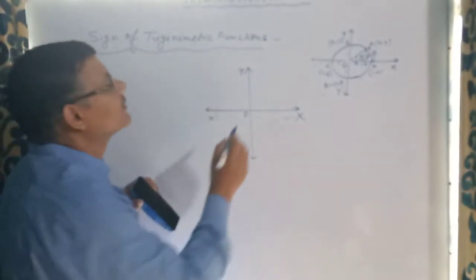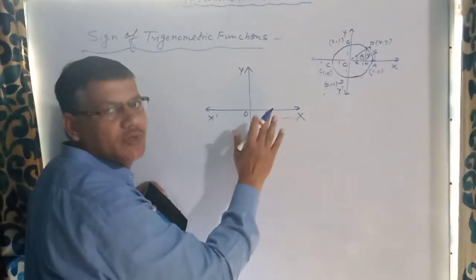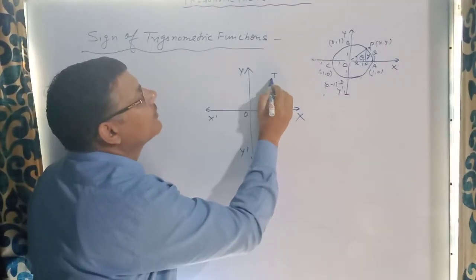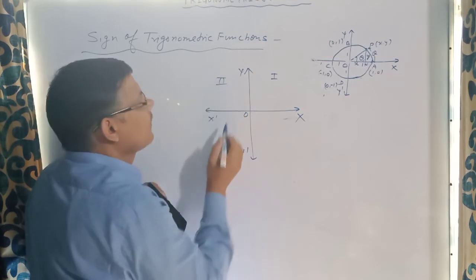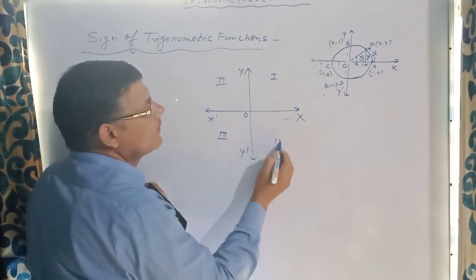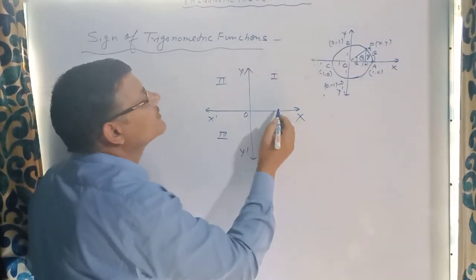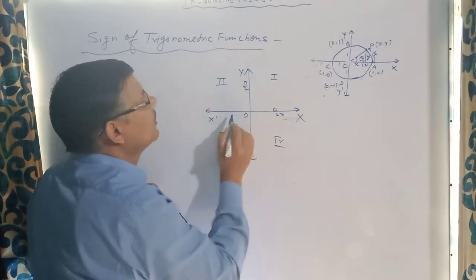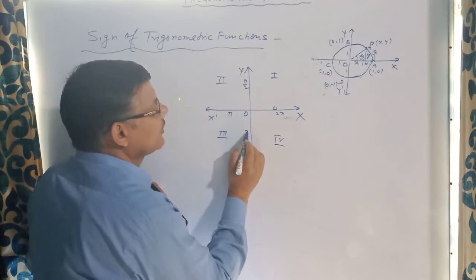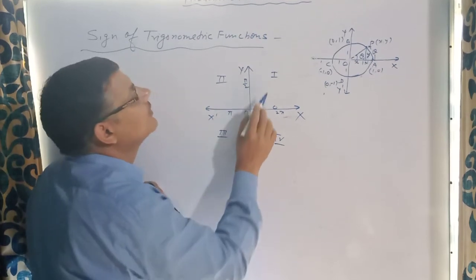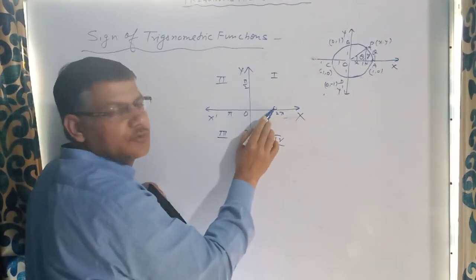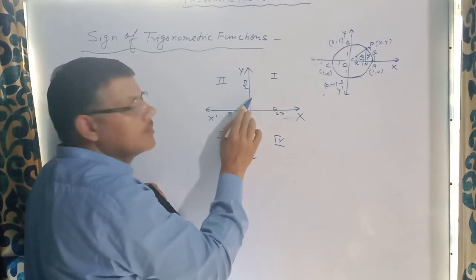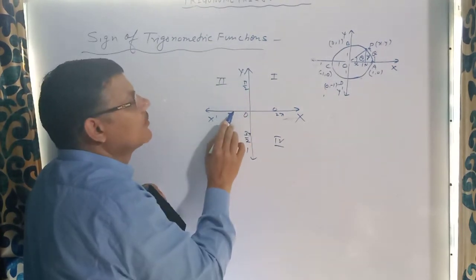Now this is divided into 4 equal regions, called quadrants. For angles 0, 2 pi, pi by 2, then pi, 3 pi by 2: the first quadrant is from 0 to pi by 2. This is more than pi by 2, less than pi.